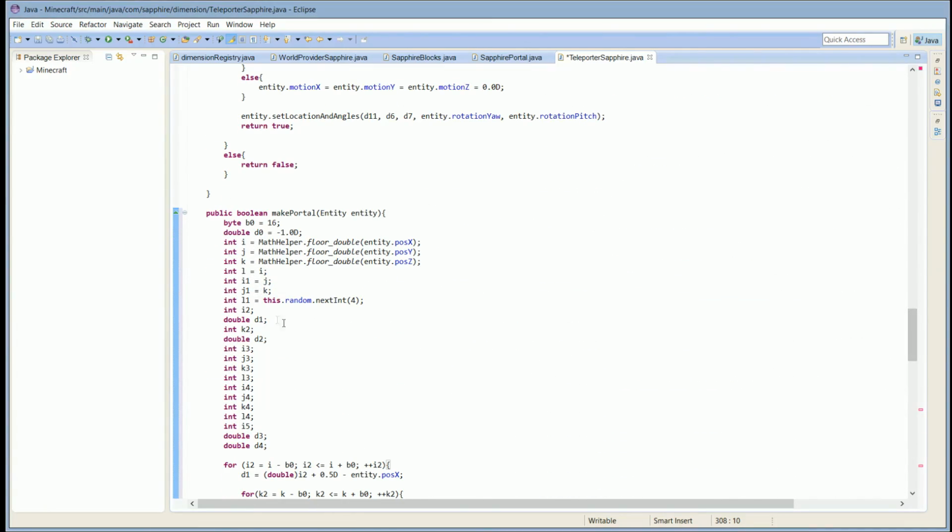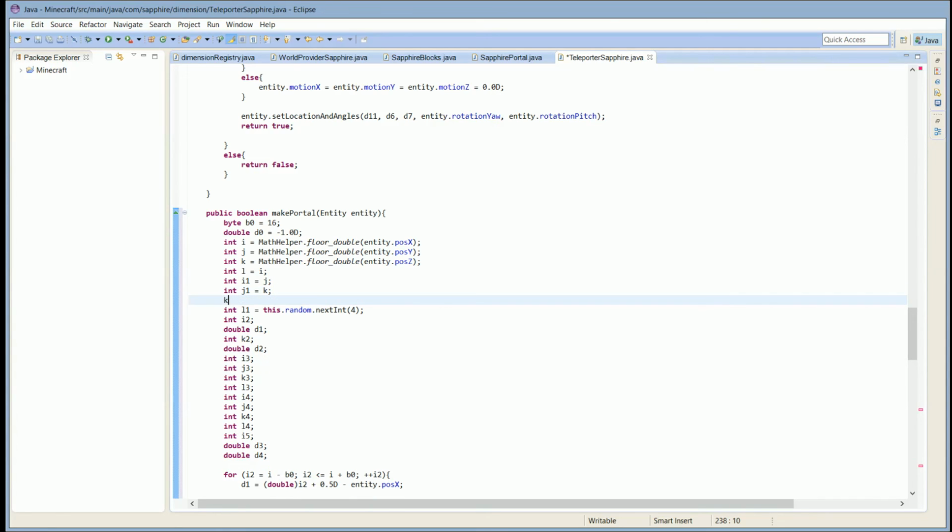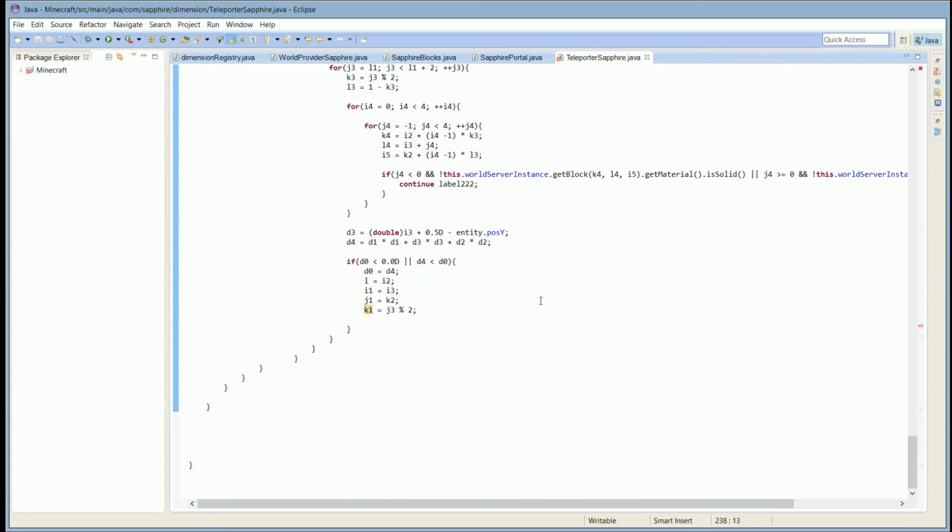Did I forget that? I did. It was supposed to be after J1 equals K. K1 is supposed to equal 0. There we go. That should fix it. Sorry about that. Oh, that should be an integer. There. That should fix it. Alrighty then. There we go. Okay.